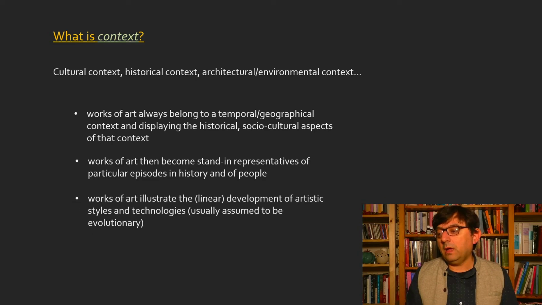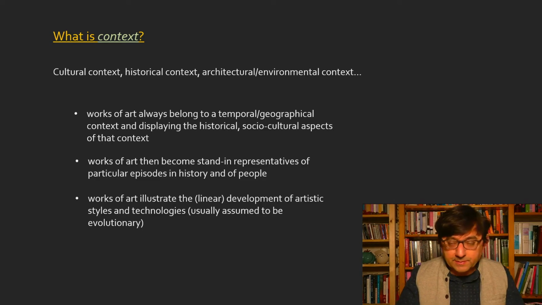And then these works of art are also mobilized to illustrate a development of artistic styles and technologies. Often they are worked into some kind of evolutionary model, which is not always correct and sometimes correct.